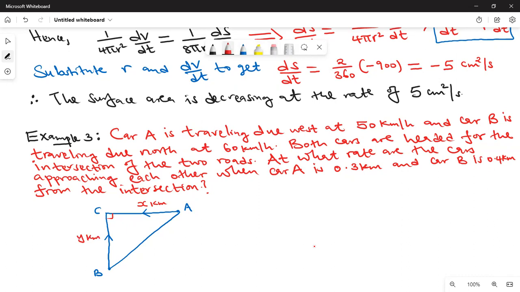So what are we saying? That let x be the distance of car A and y be the distance of car B from the intersection. The intersection is at point C, and that is at any time t. So x is the distance from A to C at time t.